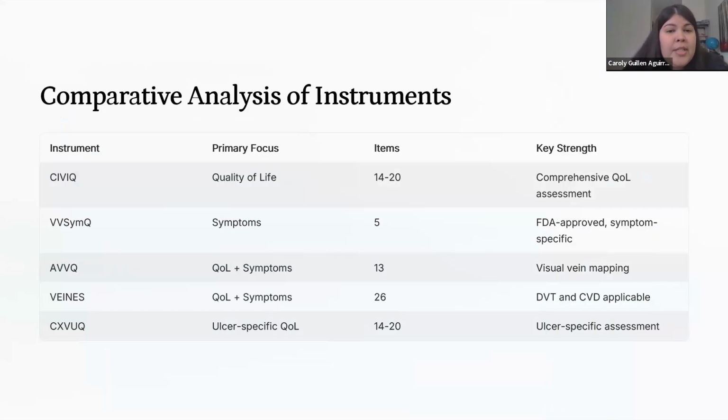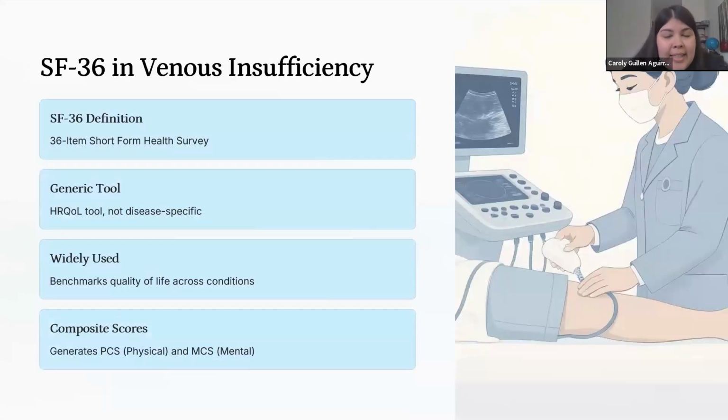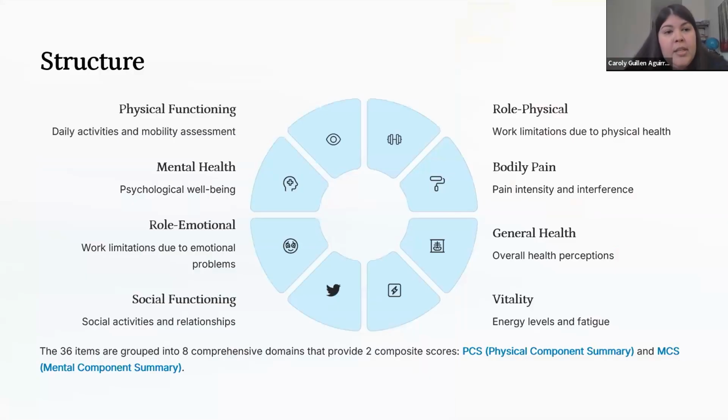This is also a comparative table analysis of the quality of life instruments. And then we have the general health instrument, quality of life instrument, like the SF-36 in venous insufficiency. So it is a short form health survey. It is a generic tool, as I mentioned, it's health related, not disease specific, but it's widely used, benchmarks quality of life across conditions, and generates PCS physical and MCS mental components.